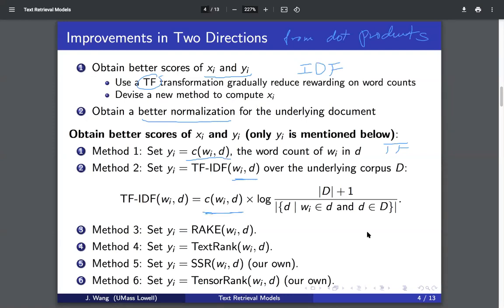And then we do an inverse DF. The bottom here is DF; the inverse means that we put it in the bottom. On top of it, you just need to look at how many documents are in your corpus. I'm using capital D here instead of C. So this is a collection of documents.